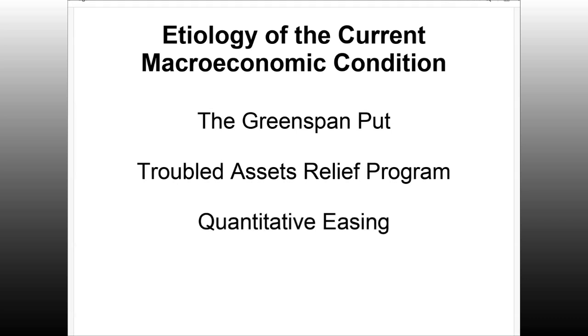Next slide. Okay, quantitative easing. Once this stuff was on the Fed's balance sheet, it became clear that what the Fed had actually done was monetize the toxic assets. Now, theoretically, the Fed is forbidden. It is illegal for the Fed directly to monetize the debt.